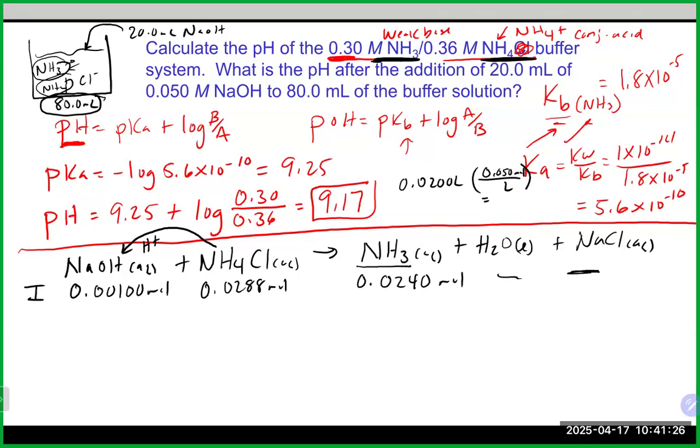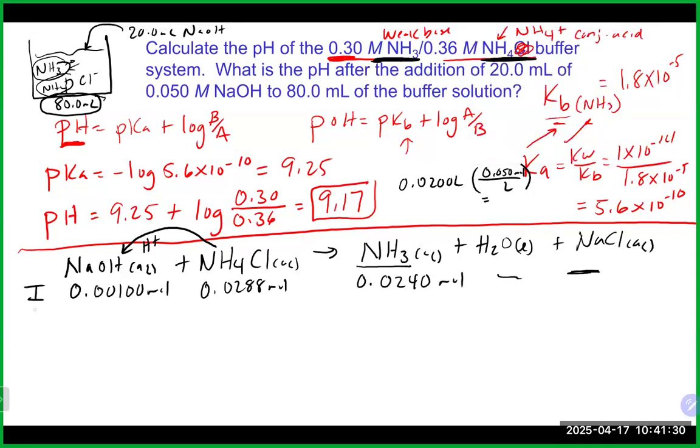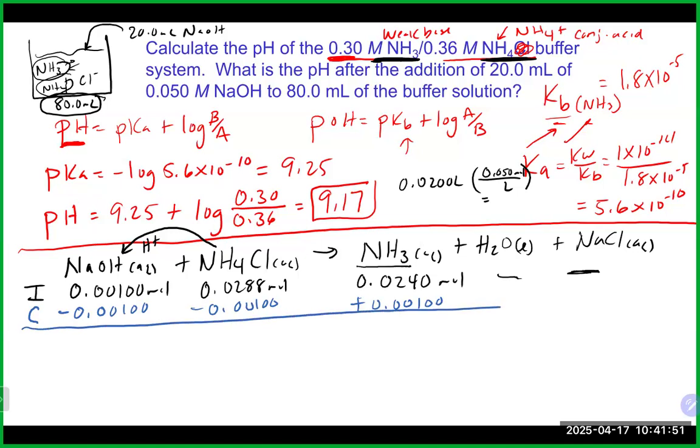All right, so since this is a buffer, it should do some buffering action. And like I said before, usually when you do moles, we don't use X's a lot of times, so we already know the change. The change should be, in this case, our sodium hydroxide. And as I mentioned before, always choose the smaller number so you do not end up with a negative number. We are adding on the other side here, so you want to remember to do that.